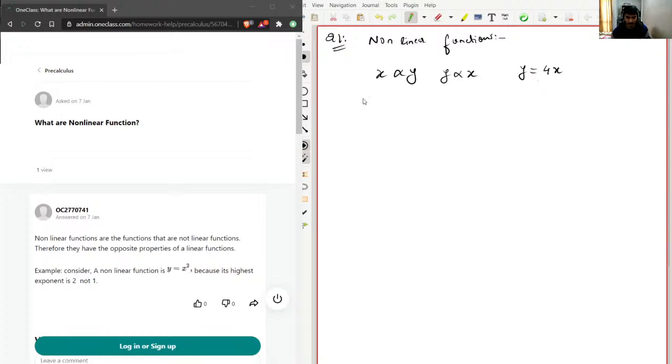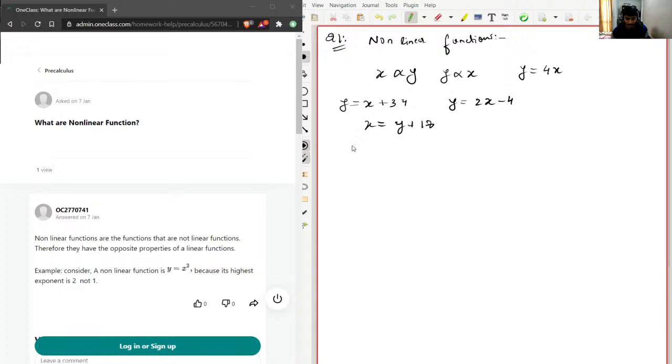All equations of a straight line, like y equal to 4x, or y equal to x plus 3, or y equal to 2x minus 4, or x equal to y plus 18, are linear functions, because the value of x is directly related to the value of y.